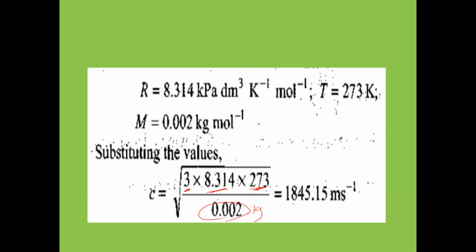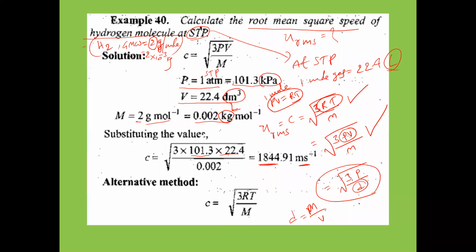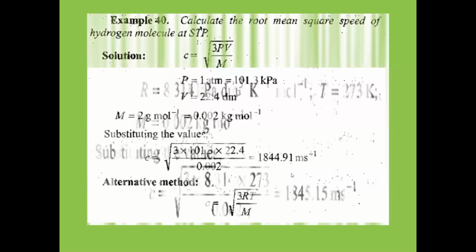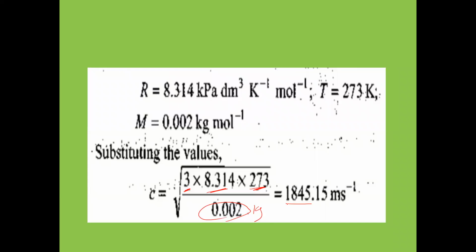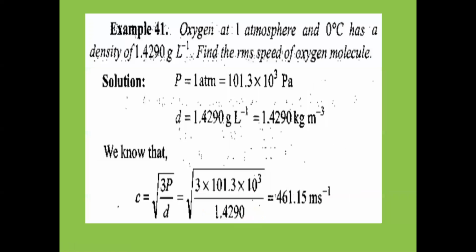Like this we got 1845 here, 1844.9 there. Nearly 45 only. So we got nearly the same answer. We can use under root 3RT by M, otherwise under root 3PV by M.